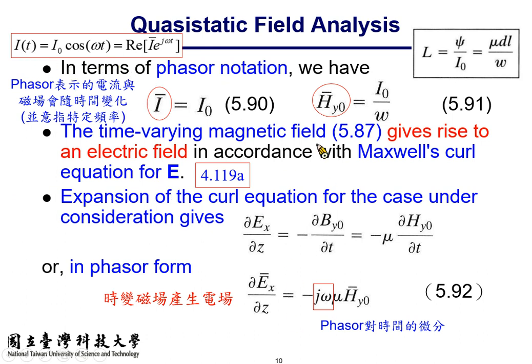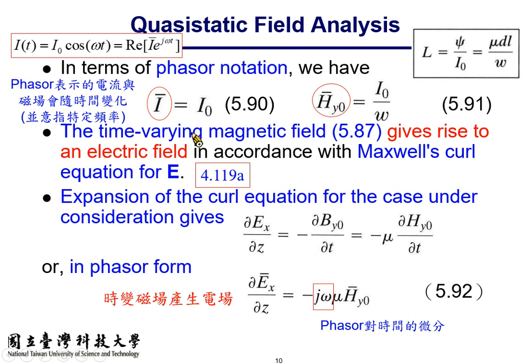Okay, so we have a phasor representation. In equation 5.90, it seems that it's not a time-dependent signal, but it is. We simply put I sub 0 on it, but you should know that it follows with cosine omega t, and we don't have to write it, to simplify our derivation.